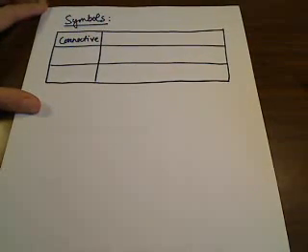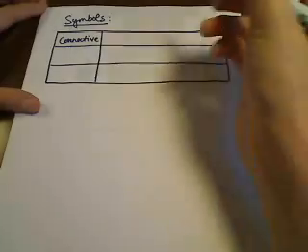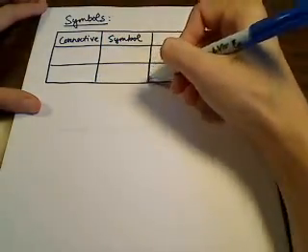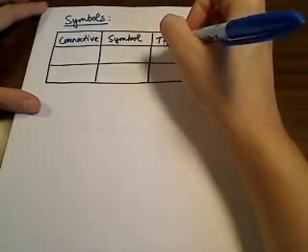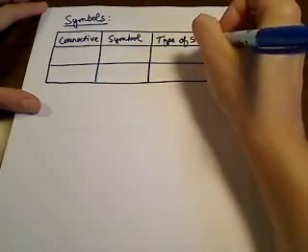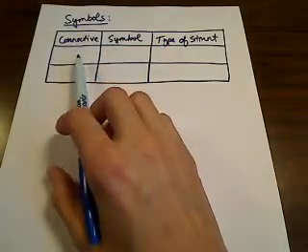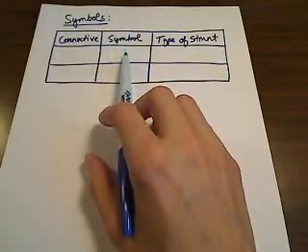The connective is the word that's joining statements, and then the symbol that goes with it, and then the type of statement that it is. I'm not really that concerned that you know the name for the type of statement. I'm more concerned that you know what word goes with what symbol.